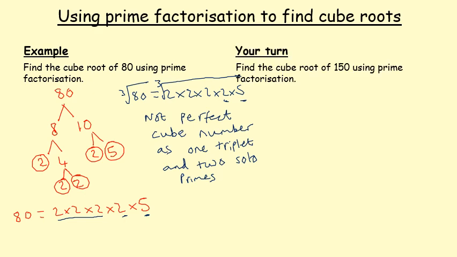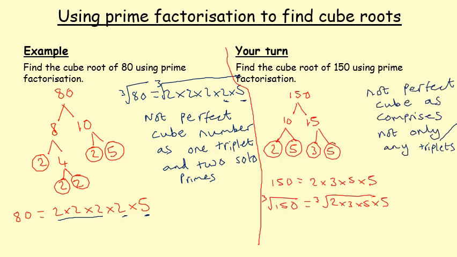Okay, so I would like you to have a go at this question on the right. So, following the same process, find the cube root of 150 using prime factorisation. Pause the video now. Okay, and I'm going to show you the answer now. Okay, so similar to the one on the left, if we break this down into product of its primes, there aren't any triplets in here.